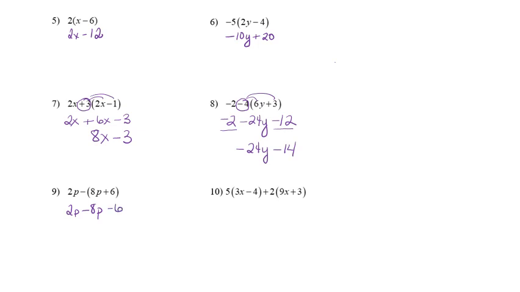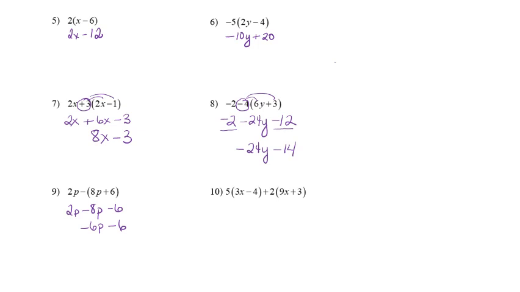It's very important you know that. We've got to get in the habit of distributing a negative because it's a very common mistake in algebra. So now 2 minus 8 is negative 6p. 2 minus 8, or 2 plus a negative 8, whichever makes sense to you, and then minus 6.